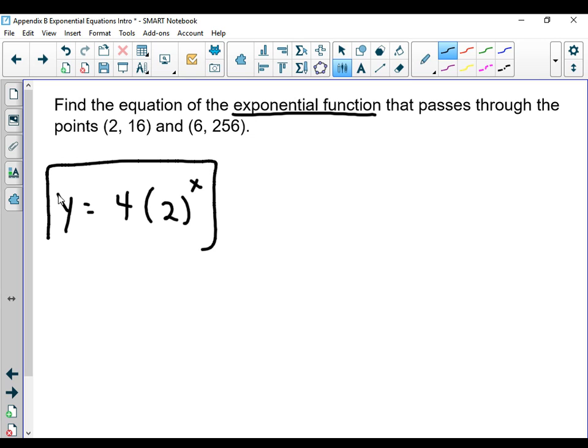We'll talk about strategies, but if you've done it correctly, you should get that for an equation. Why 6 times 6?